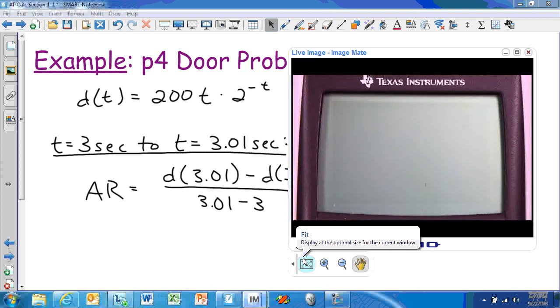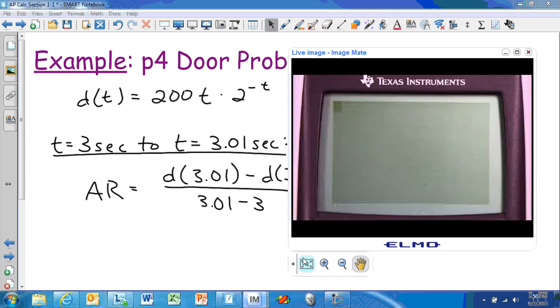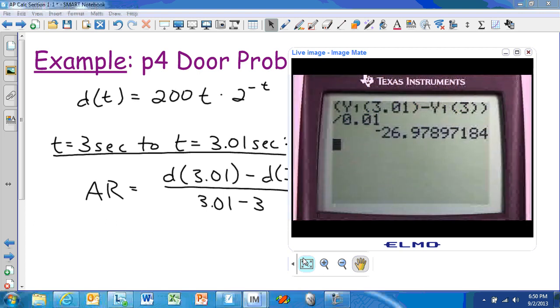Get rid of what we have up there, and I'll just go back to one of the initial values that I had through here. So 3.01 minus y1 at 3, and the difference in those values is 0.01. So there's the same calculation that we were doing before, it's just now at a different point.